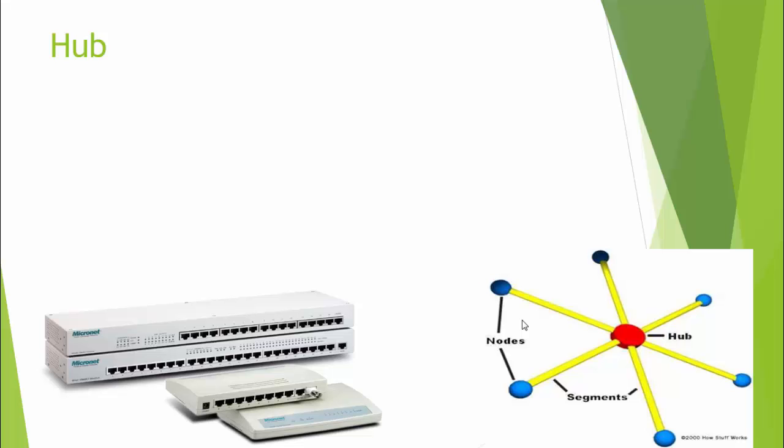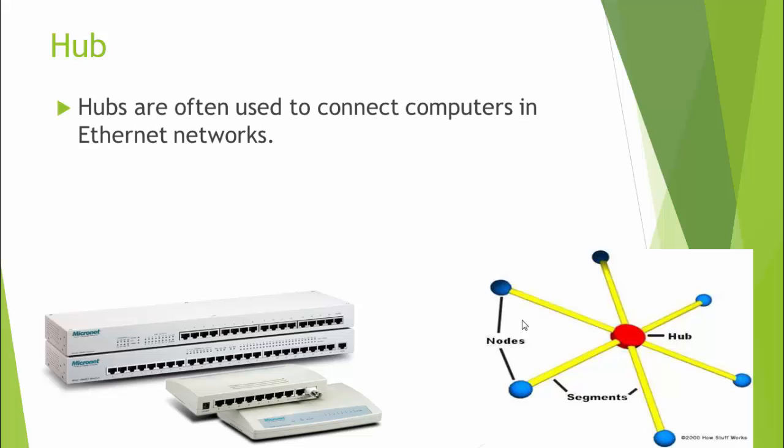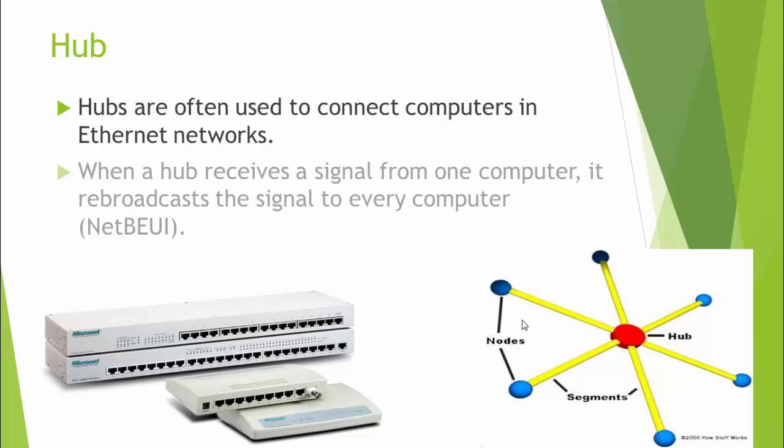Okay, so let's talk about some of those hardware components that move data around. Hubs were often used to connect computers in Ethernet networks. They use something called broadcast transmission, which means if they receive a signal, they broadcast it to every one of the ports on the device.